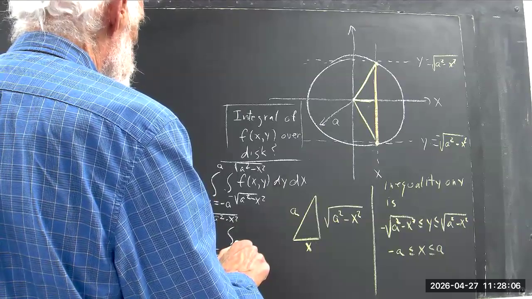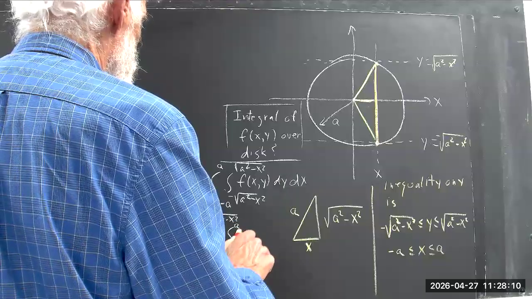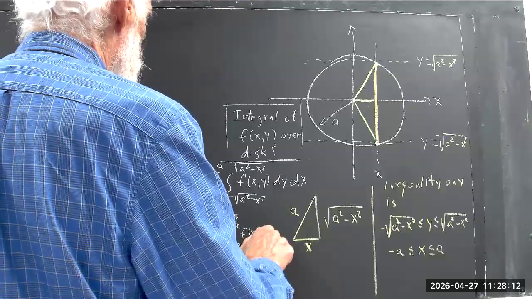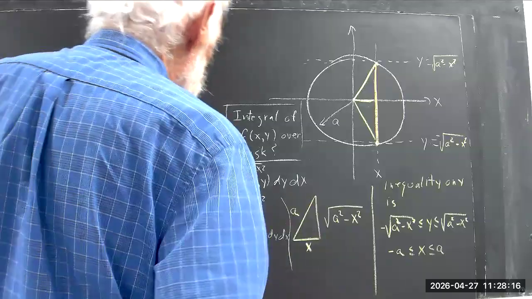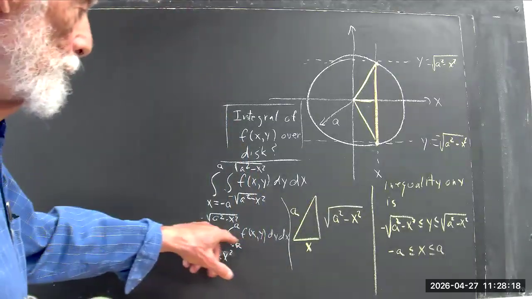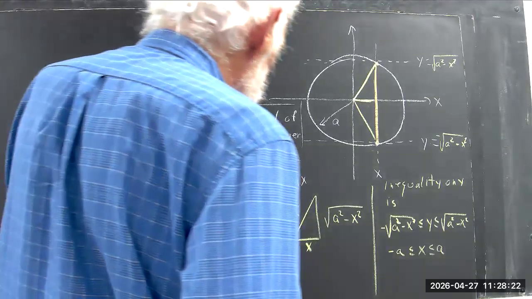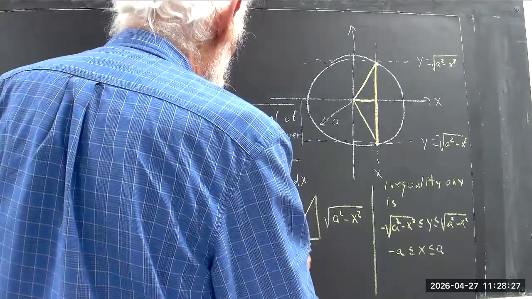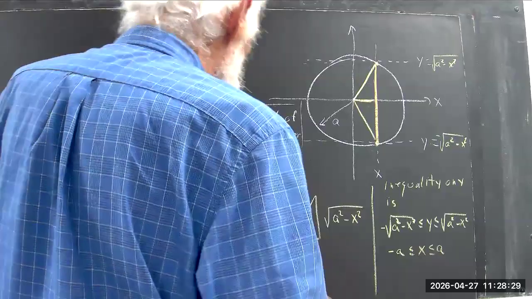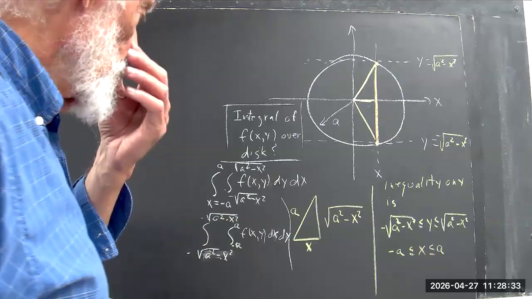You certainly don't want to write what I just wrote. Then the integral from negative a to a of f of x, y, dy dx. You could do this integral. Sorry, that should be in the order of dx dy. I mean, it shouldn't even be written this way, but these are the limits on x. You'd have to integrate x first.